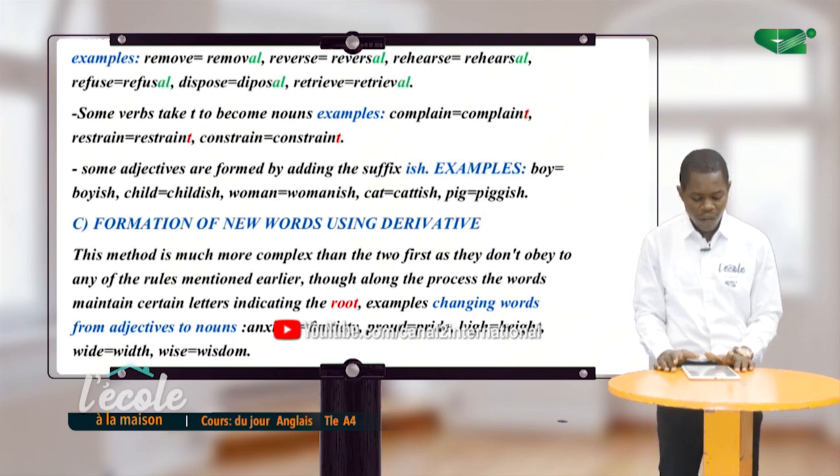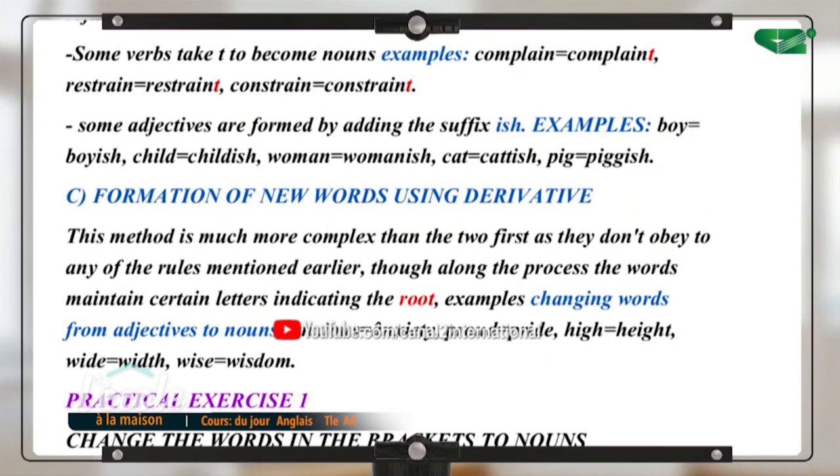Another dash. Some verbs take T to become nouns. Example: complain, but a complaint. Restrain, restraint, constrain, constraint. Some adjectives are formed by adding the suffix ish. Examples: boy gives you boyish.